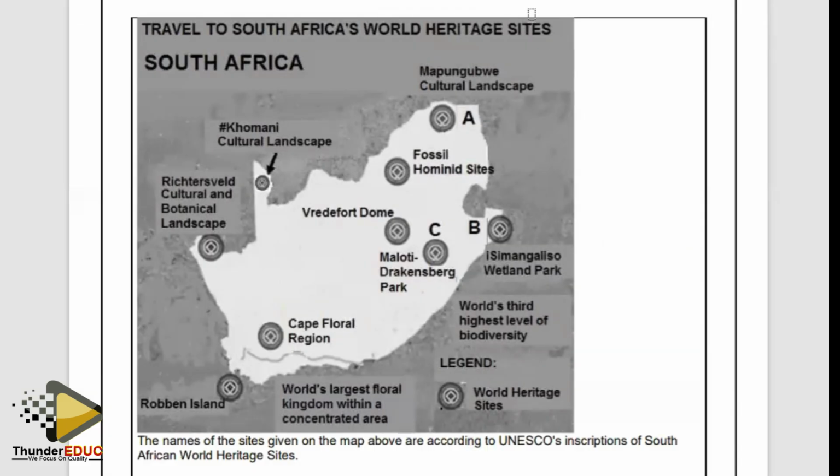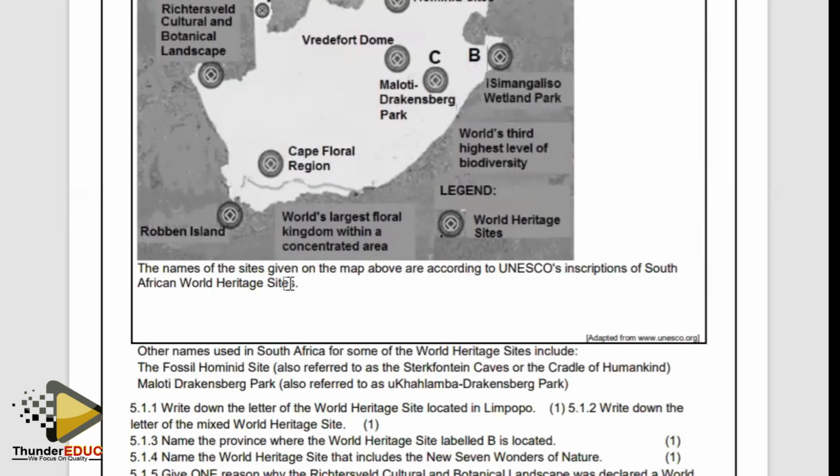The first one, we have Mapungubwe Cultural Landscape, which is on the northern side, then Khomani, Richtersveld, Vredefort, and the fossil hominid sites, iSimangaliso. Then we also have Maloti-Drakensberg and the Vredefort Dome. The other names used in South Africa for some World Heritage Sites: the fossil hominid sites is now the new or correct name.